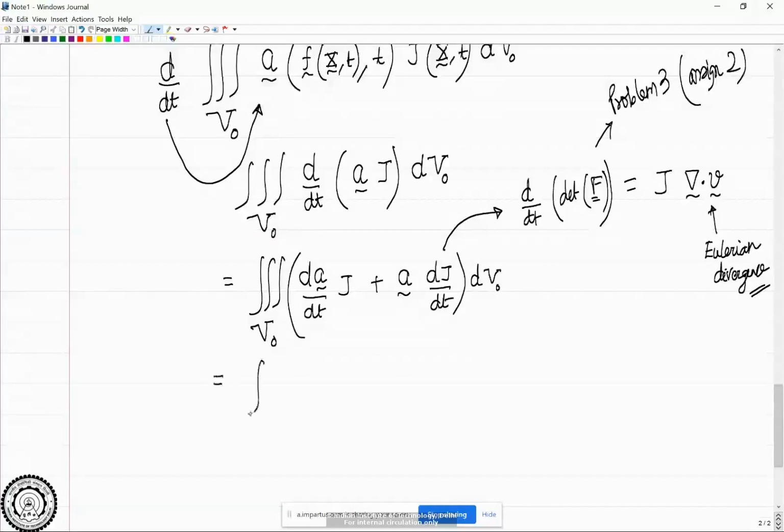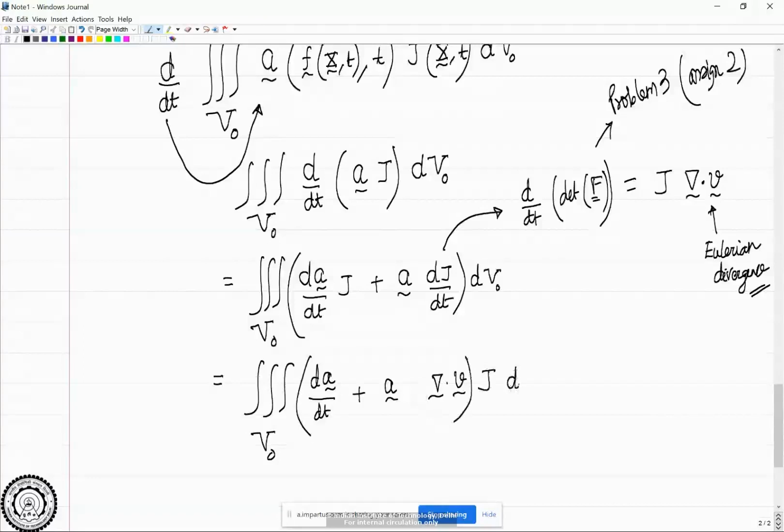So this becomes integration over V naught, and then you have dA by dt plus A into divergence of velocity. And you can take the J also outside, right?